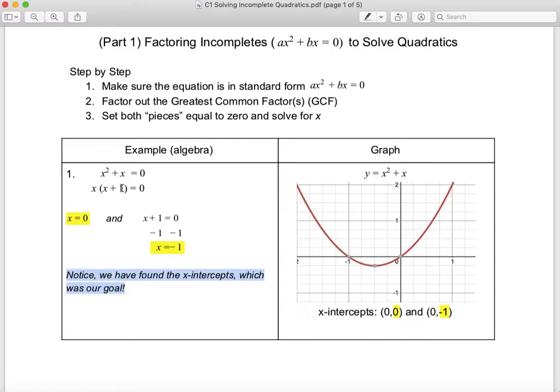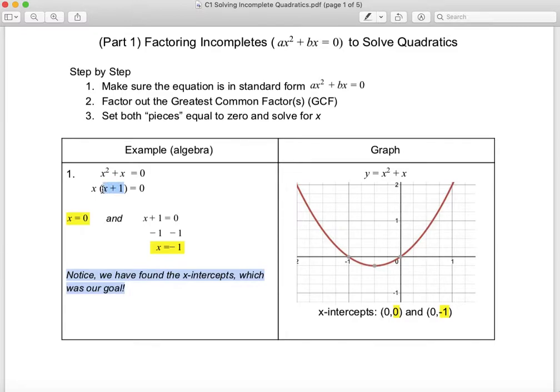From here, you have to think of this quadratic as, okay, this is x, and it's being multiplied by x plus 1. So if I can find some value to plug in for x here that makes this 0, 0 times anything is going to equal 0. And the same thing applies.